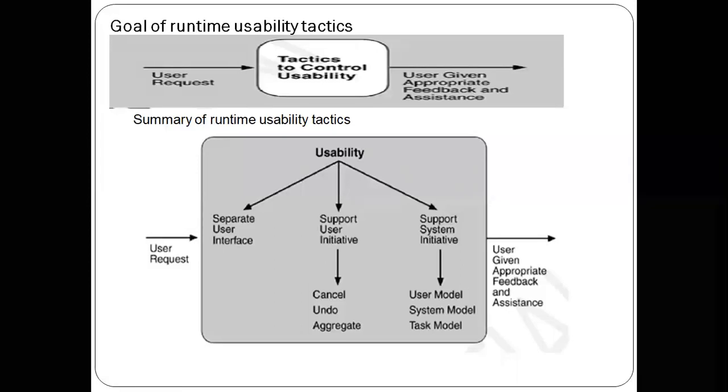Suppose while doing the reservation, he wants to come back, or cancel a ticket, or do another kind of work. Any task done by a user, the system should support all kinds of activities. It should also support the system initiatives, and give the appropriate feedback or assistance to the user.